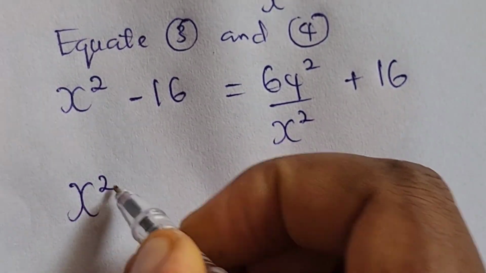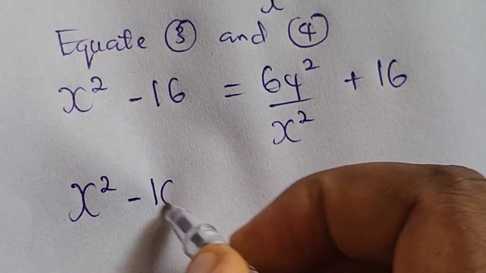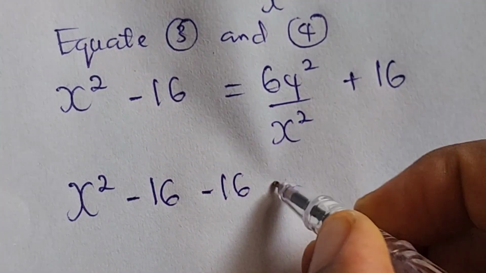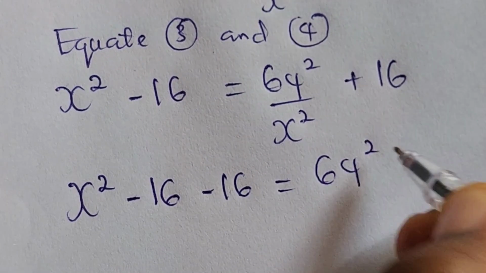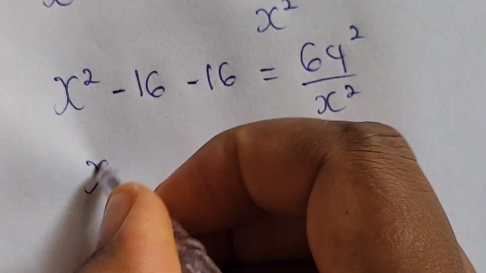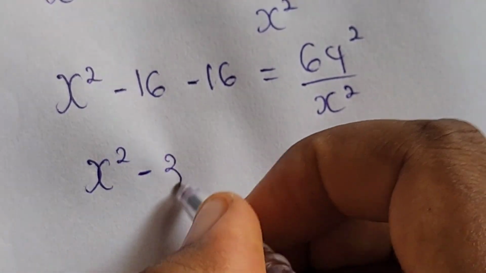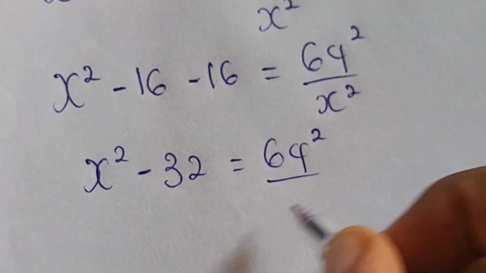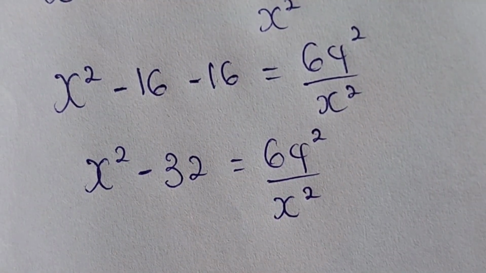So we have that x squared minus 16, this moving over, we have minus 16, is equal to 64 to the power of 2 all over x squared. So we have x squared minus 32 equal to 64 squared all over x squared.